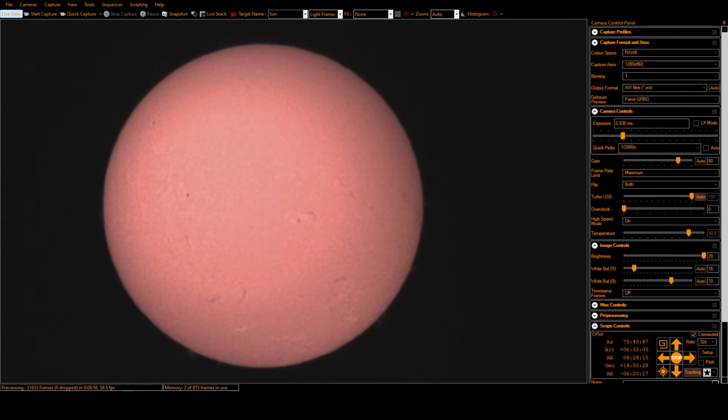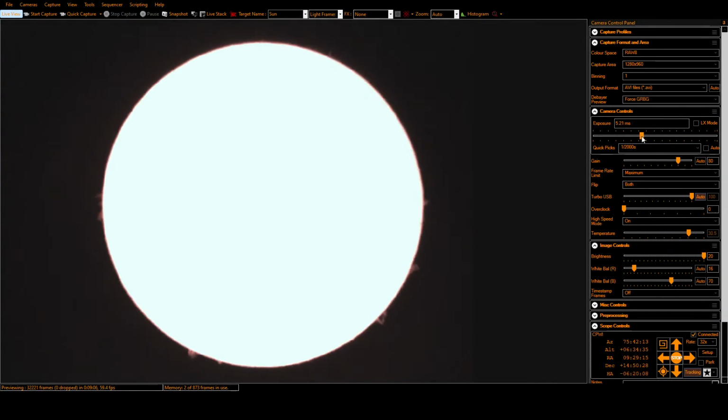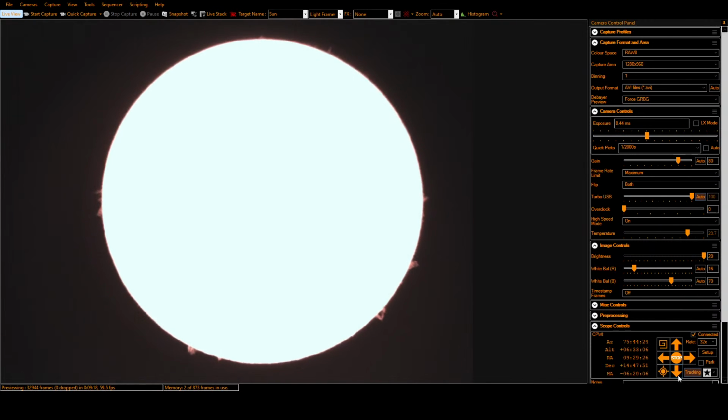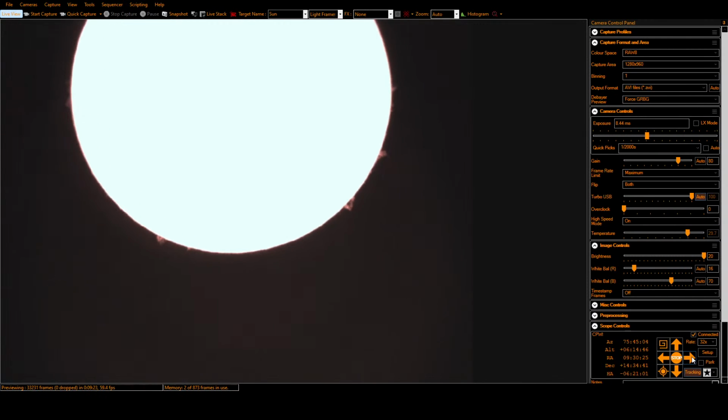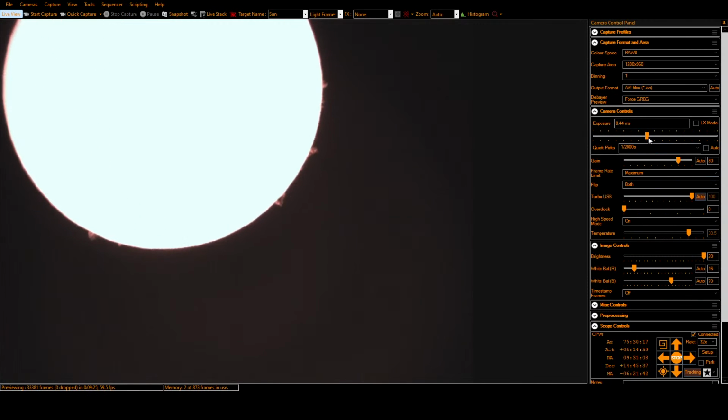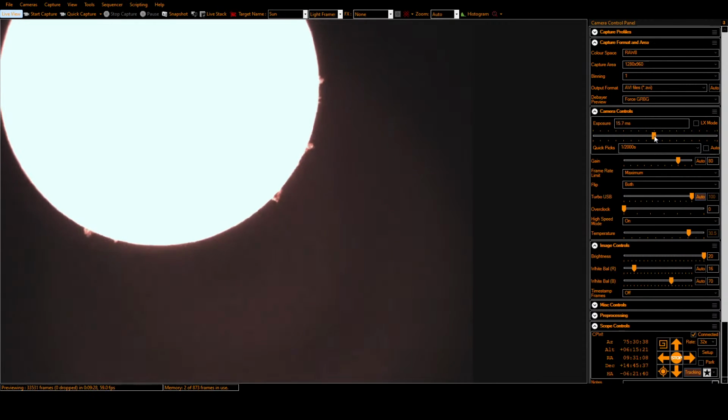It appears that the prominences on this side of the sun are bright enough that I'm seeing them now. Yep, here they are. I don't know if there is more than meets the eye. No, not much else.